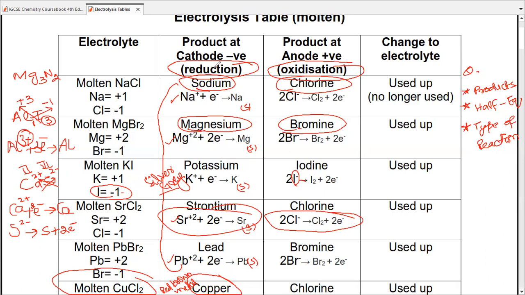Oxidation always occurs at cathode. Oh, my bad. Oxidation always occurs at anode. Reduction always occurs at cathode in case of electrolysis. So I think this should be easy. We should remember the type of reaction for a specific electrode since this does not change from example to example. Equations were changing from example to example, but type of reactions does not change. So it should be very easy.